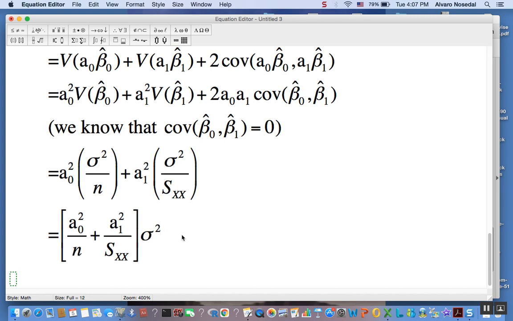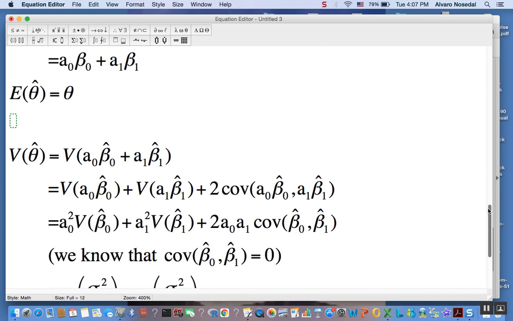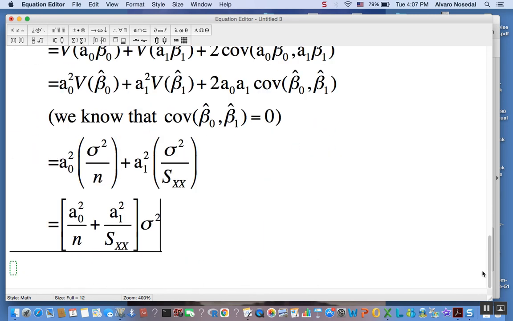So that would be the variance of theta hat.